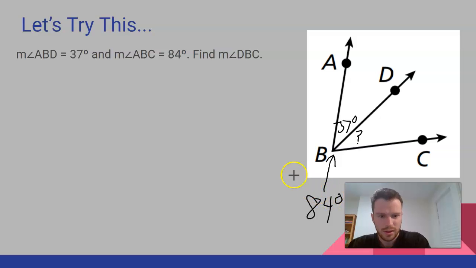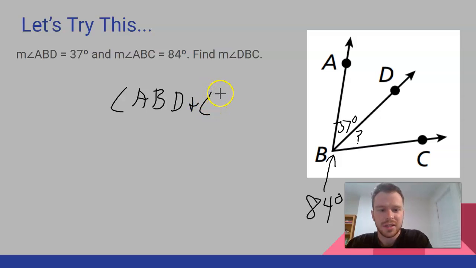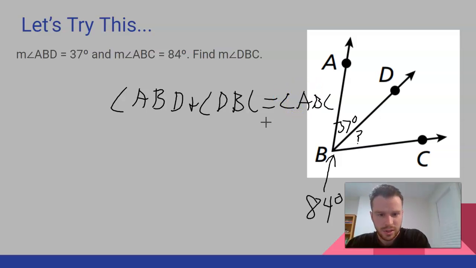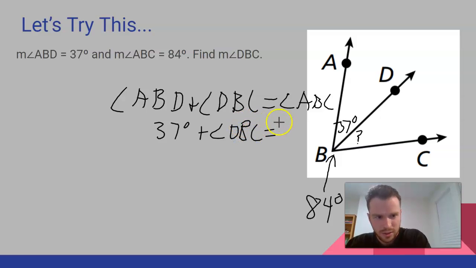So we know that angle ABD plus angle DBC, which is what we're trying to find, equals angle ABC. So I'm going to substitute in here. ABD is 37 degrees plus angle DBC, again, that's what we're trying to find, equals angle ABC.